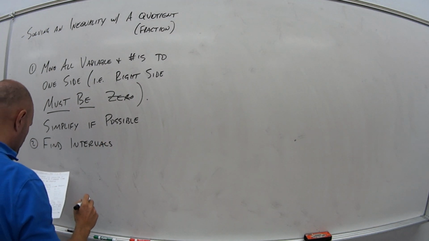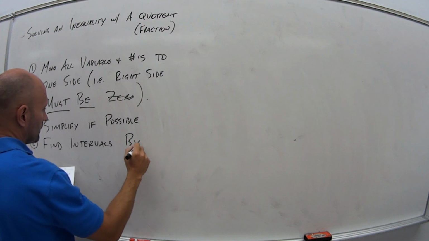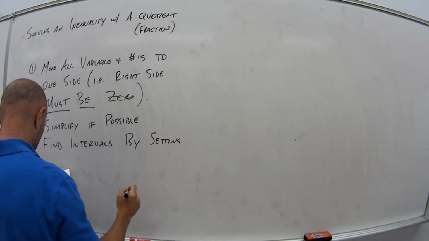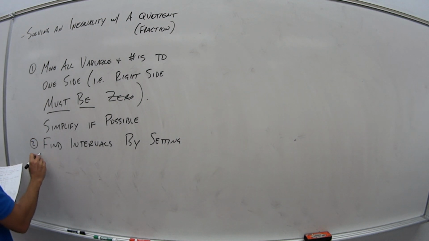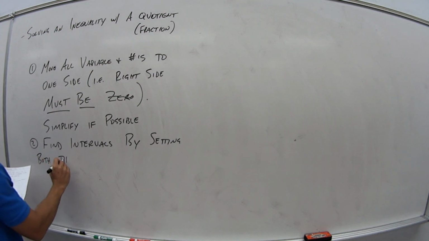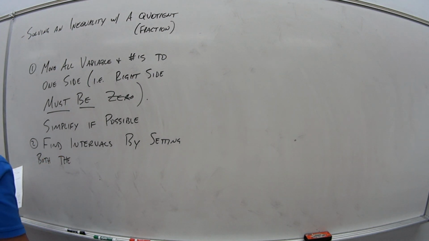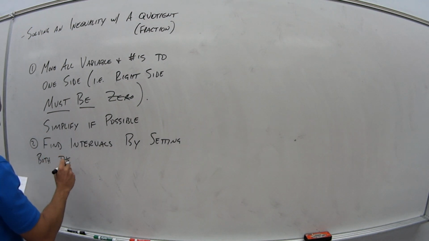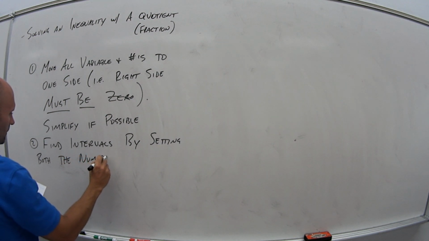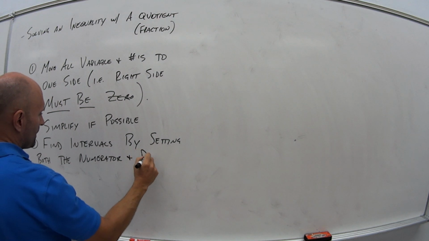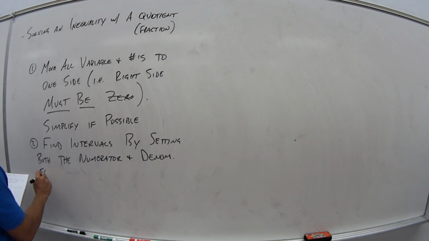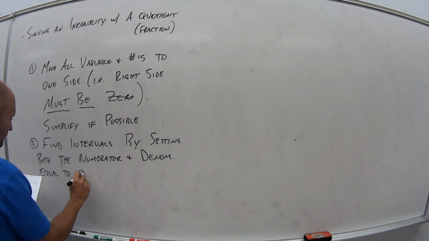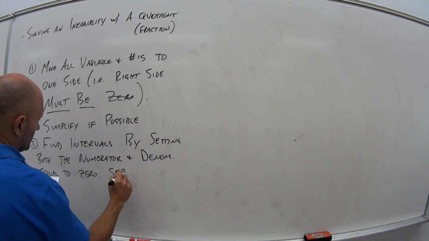Find the intervals by setting both the numerator and denominator equal to 0, separately.